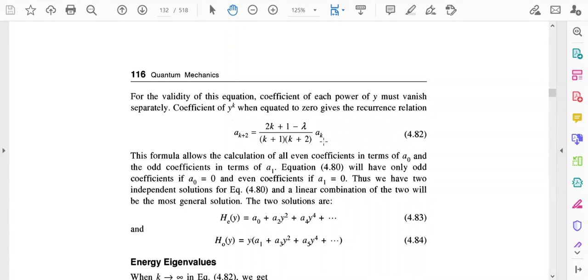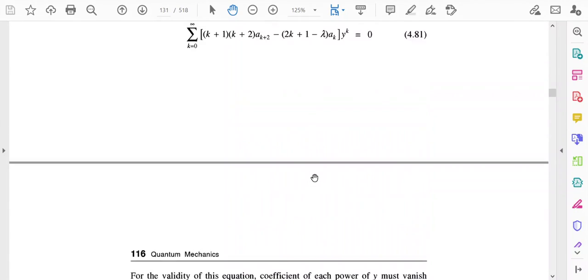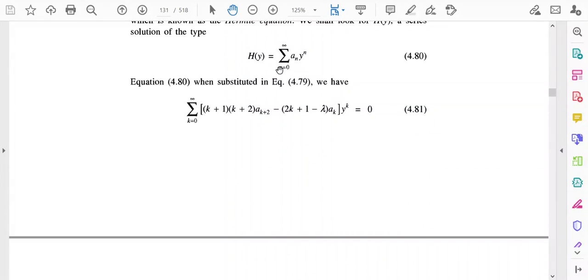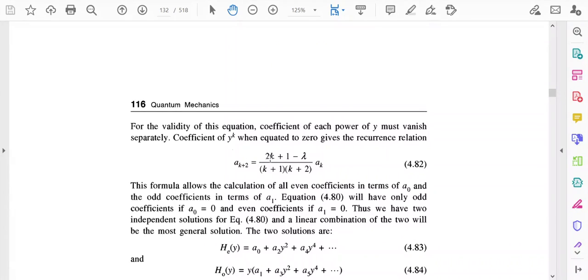So basically all the coefficients can be expressed either in terms of a0 or a1. That means all even coefficients are expressed in terms of a0, and all odd coefficients in terms of a1.